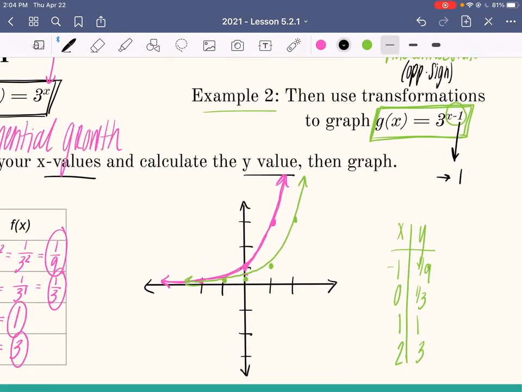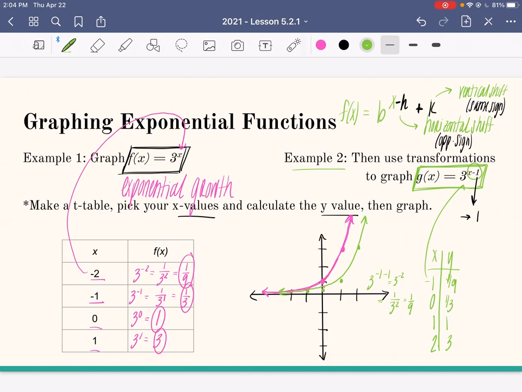Granted, we can always still plug this in. We could plug in 3 to the power of -1 minus 1, which is 3 to the power of -2, which is 1 over 3 squared, which is 1/9. We can always do it the old school style, however this is a lot simpler and easier if we recognize the transformations.